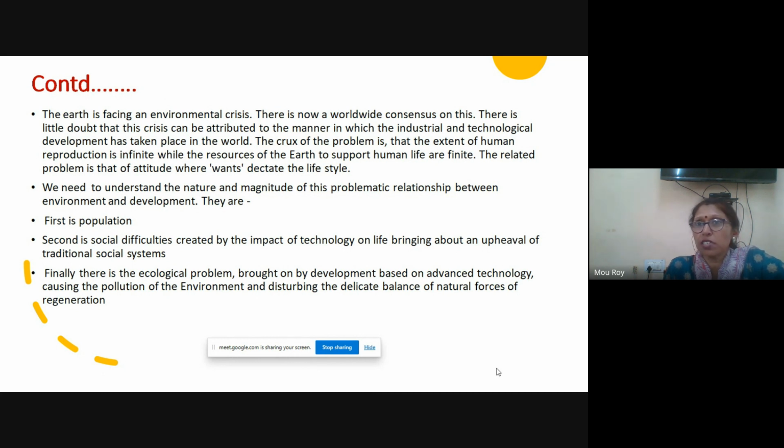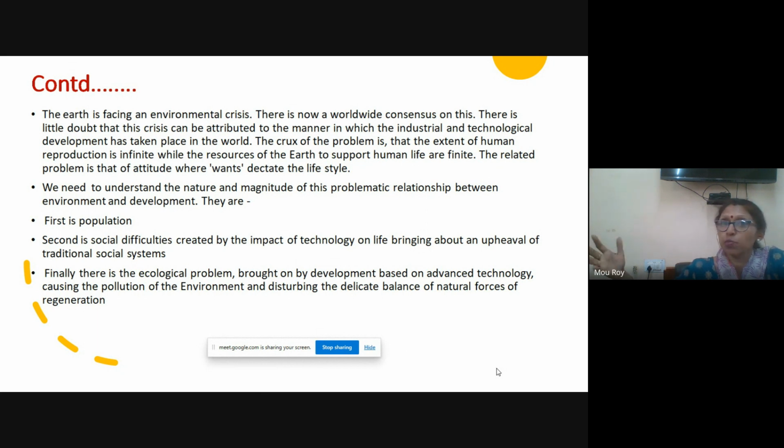The first is population overcrowding. Second, there are social difficulties created by the impact of technology on life, bringing about an upheaval of traditional social systems. It's a big debate. We are developing, yes, very much developing, but on the other side, there is a very negative impact on the environment.